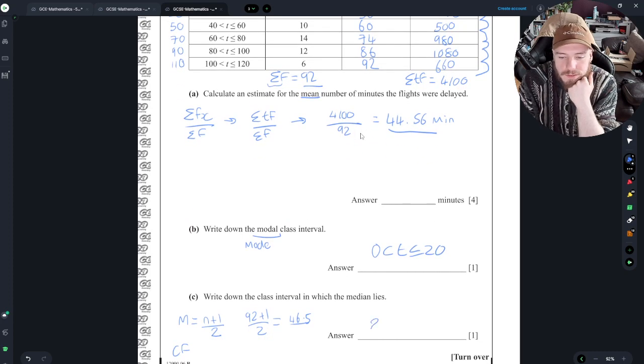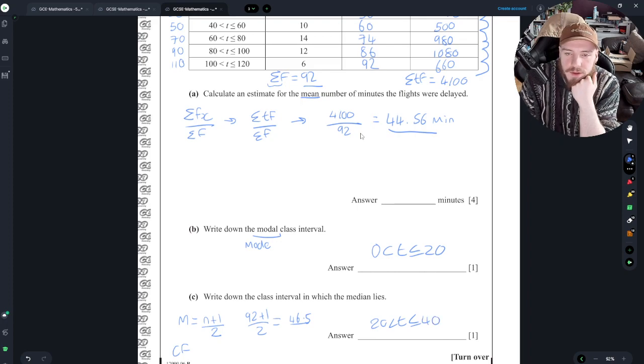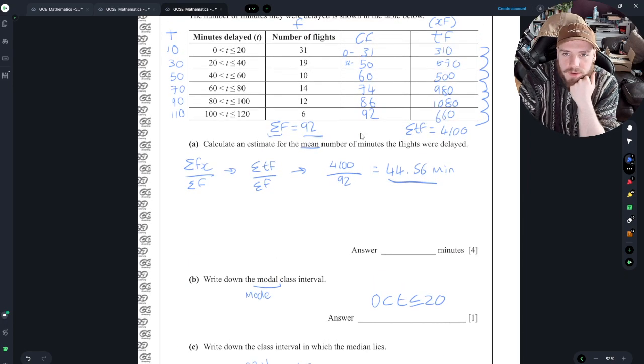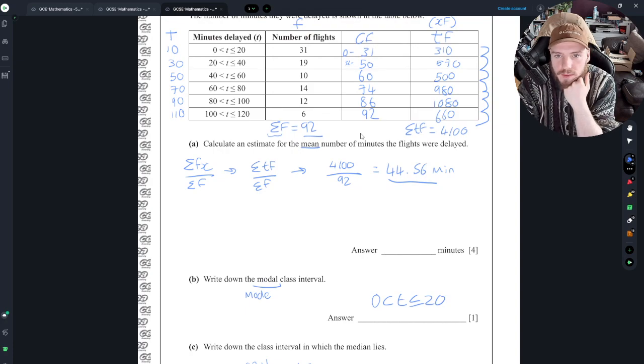So 20 to 40. Now just in case you don't know what I'm doing here, this cumulative frequency represents a range of values. From 0 to 31, this one represents 32 to 50. This would represent 51 to 60, 61 to 74, and on.